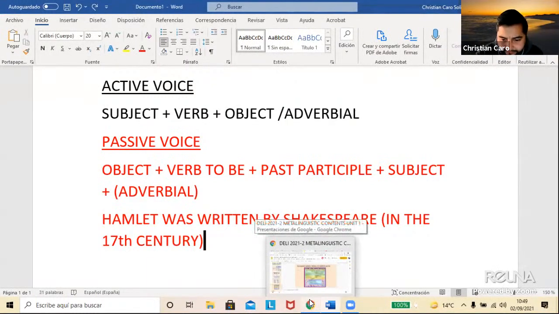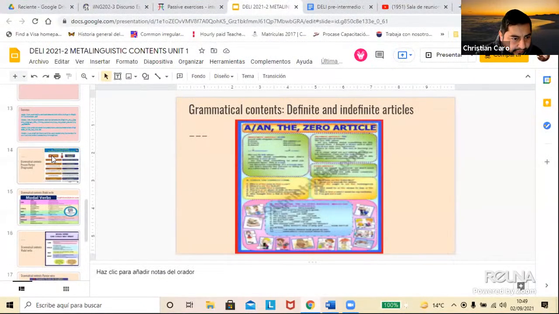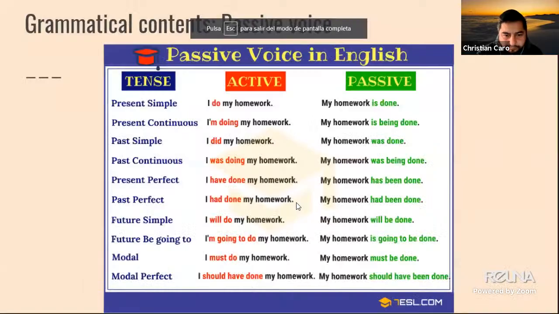Being said this, we can go back here to passive. You're going to see that there are different conjugations in relation to the tense.